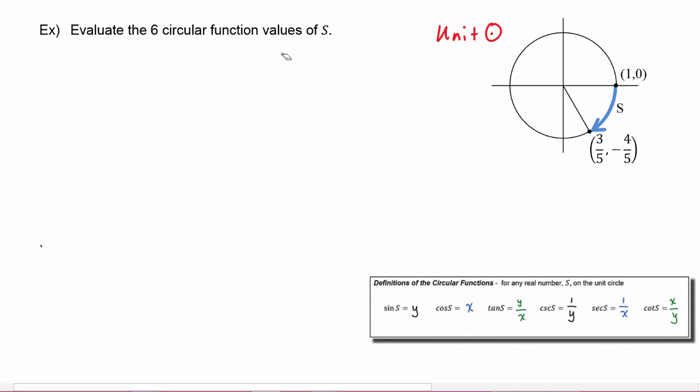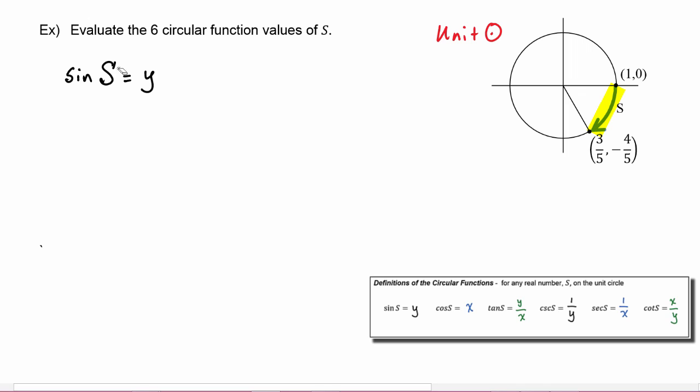So now using the definition, we know that the sine of s is defined to be y. Now remember that s is this physical distance that the particle travels from this point here at (1, 0) down here to this point at (3/5, -4/5).